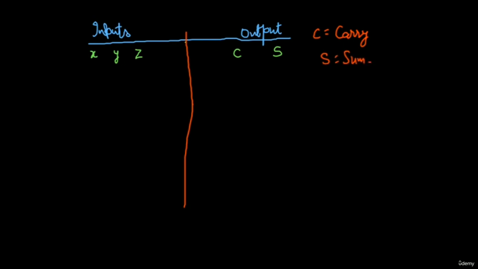Now let's do it. Let's put the inputs in their various rows. So we have 0, 0, 0, then 0, 0, 1, then 0, 1, 0, then 0, 1, 1, and then we have 1, 0, 0, then 1, 0, 1, then 1, 1, 0, and finally 1, 1, 1.